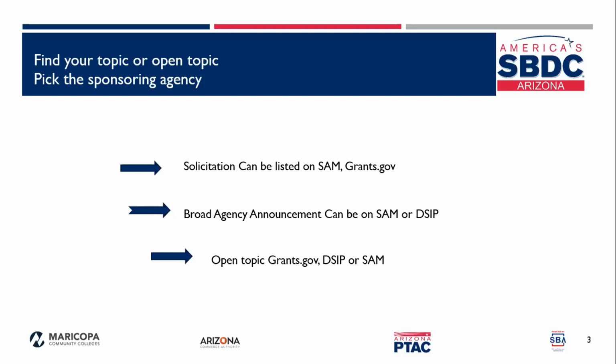There are places where there are open topics, and we're going to talk about that in a second, about the difference between topic-specific and open topics. And they can be found usually on grants.gov, they can be found on DSIP, they can be found on SAM. So there's a variety of places that you should look for opportunities for you to apply for an SBIR or an STTR.